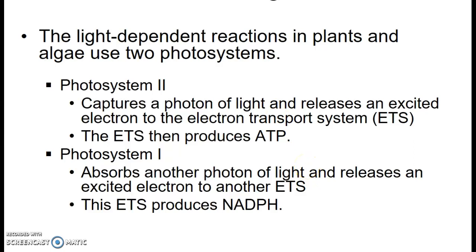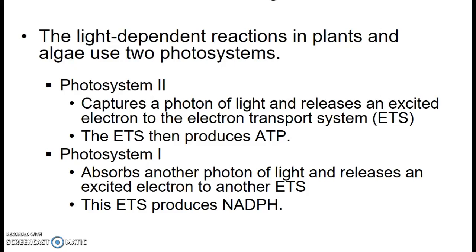Both of them capture a photon of light, release an excited electron, and pass that to the primary electron acceptor in the electron transport system. Each photosystem has its own electron transport system. And the takeaway from this is that photosystem 2 produces ATP, while photosystem 1 produces NADPH. So the electron transport chain, I should say a little bit more about.